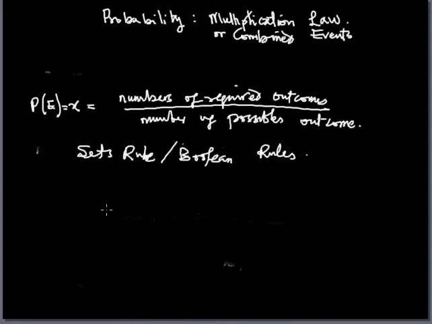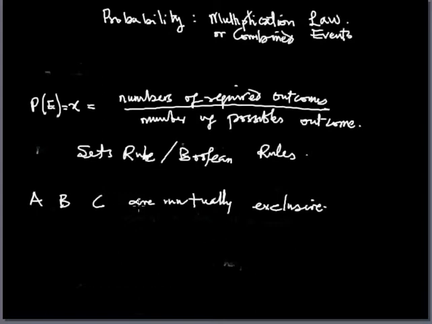What this means is that if you have events A, B, C that are mutually exclusive, what I mean by mutually exclusive is that event A can happen, or event B can happen, or event C can happen.